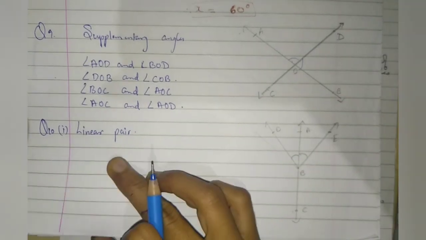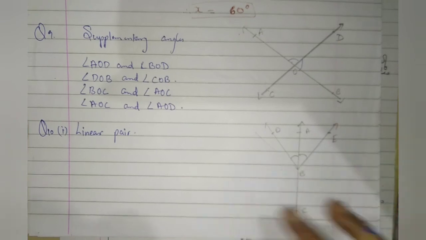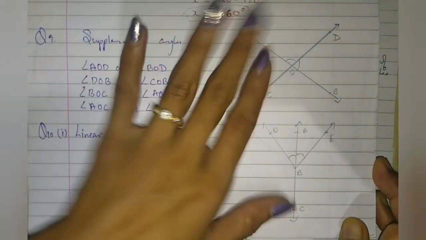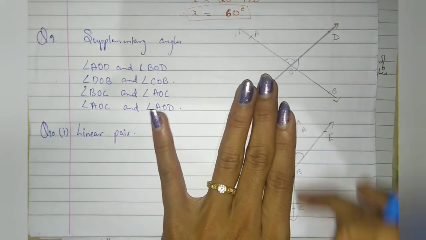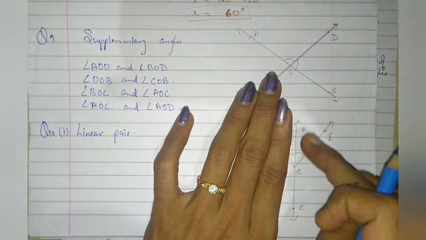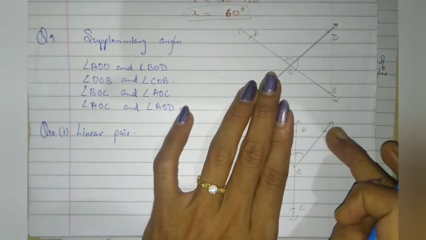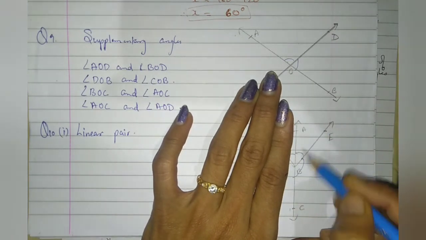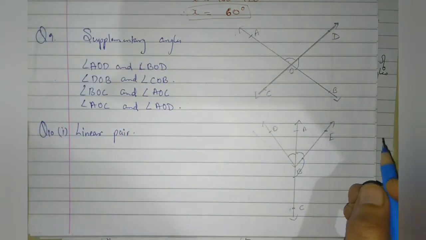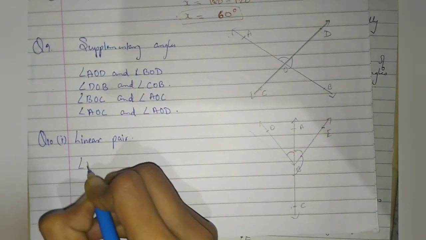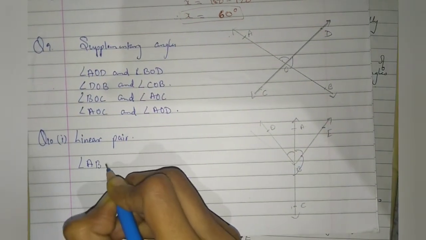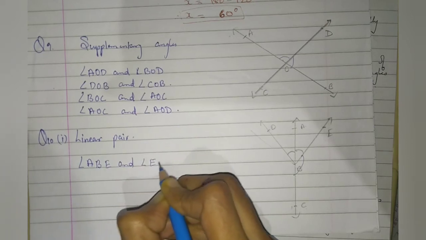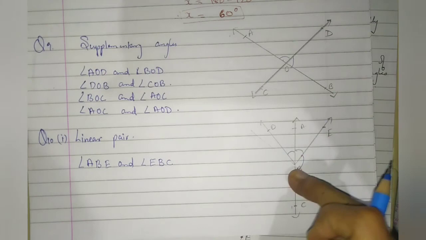Now in the figure, which one is a linear pair? 180 degrees. Now just forget this one and see, this is a straight line. So angle ABE and angle EBC form 180 degrees. So these two are a linear pair: angle ABE and angle EBC.